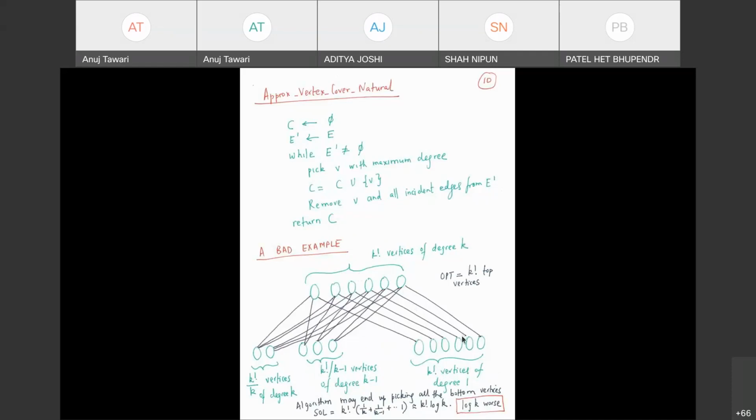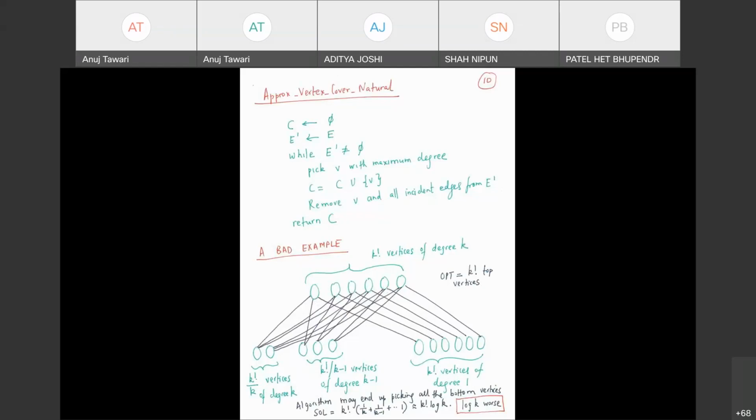So this is the graph we are looking at, and we want to find the optimum vertex cover here. Because all the edges go from top to bottom, one option is to pick all the vertices at the top. Then it covers all the edges, because every edge is incident with at least one vertex at the top.